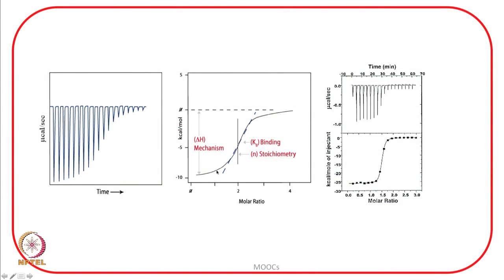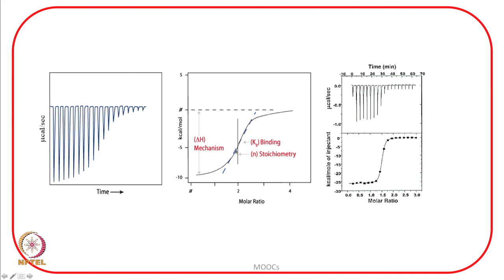So, what do we get overall? If this is the binding profile, which is integrated, if we plot heat evolved at each step against molar ratio, the number of moles of ligand divided by the number of moles of protein, we can get delta H, the total heat liberated, and we can get the binding constant.